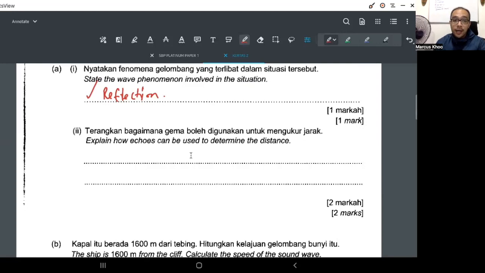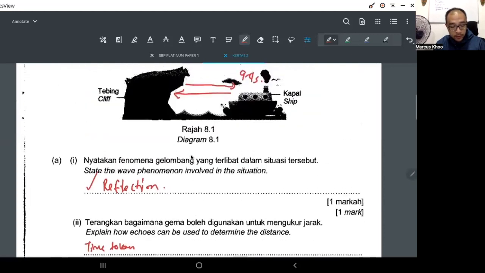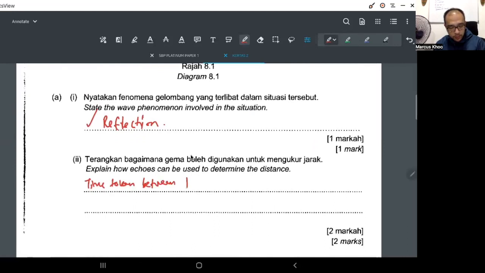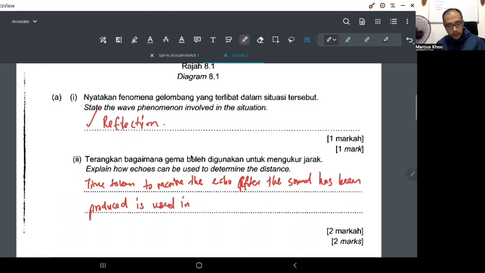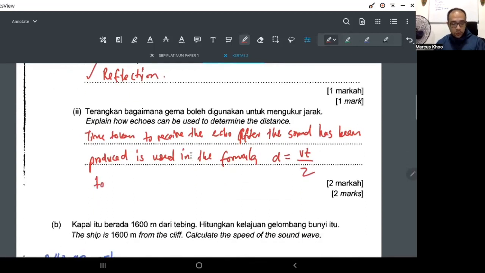Okay, so you say the time taken to receive the echo after the sound has been produced is used in the formula D equals to VT over 2 to determine the distance.